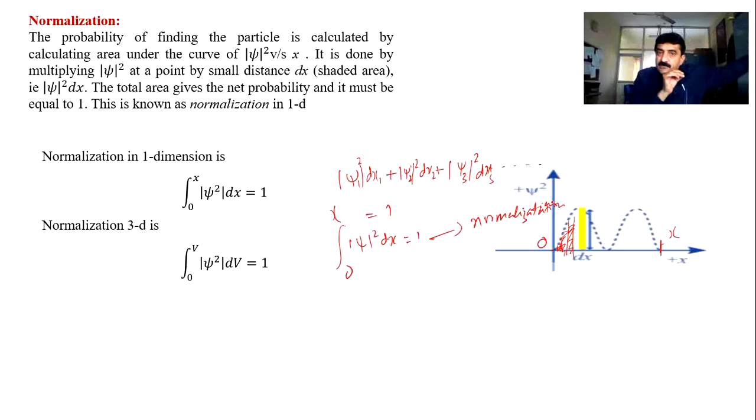That means it is coming from minus infinity and going to plus infinity, so it is a totally free particle. For a free particle, the equation will be the same, but the upper and lower limits are not 0 and x. This is minus infinity, this is plus infinity. This is known as normalization.